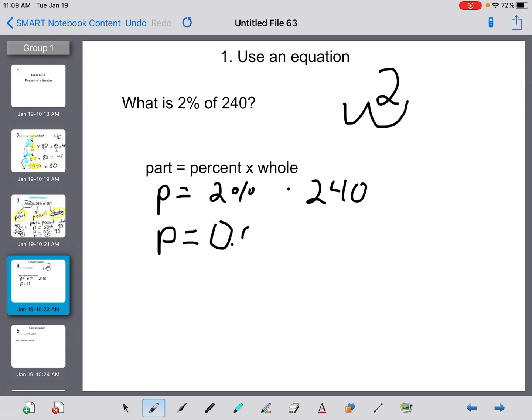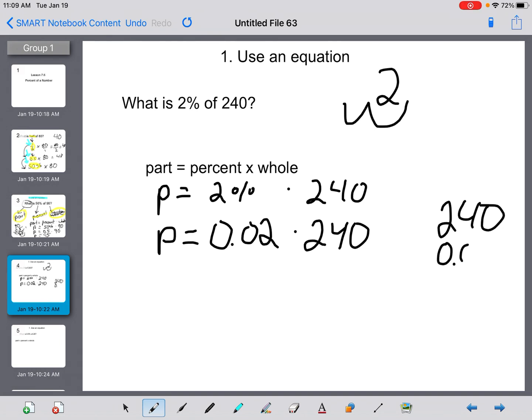So I get 0.02 times 240. Feel free to go to the side. 240 times 0.02. And I get 2 times, I bump my decimal out, 1, 2. Or I can just ignore it if that's how you want to think of it. 2 times 0 is 0. 2 times 4 is 8. 2 times 2 is 4.